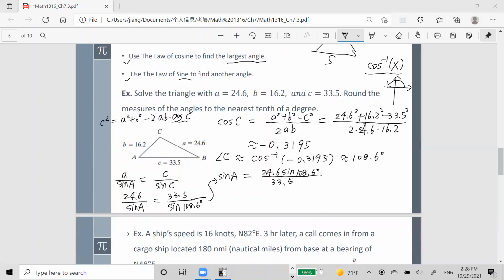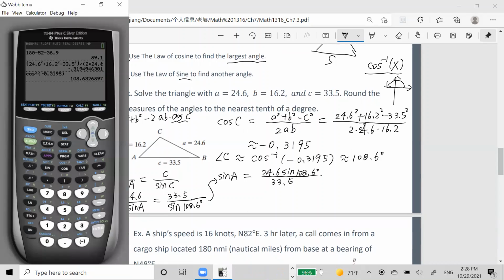Use the calculator: 24.6 times sine 108.6 degrees divided by 33.5, and hit enter.